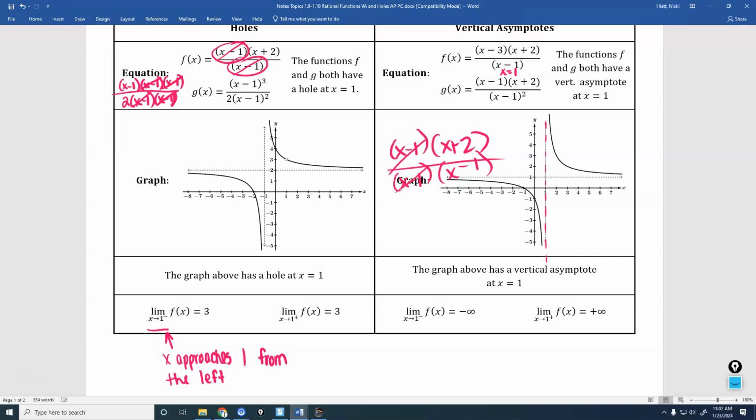Okay, so if you see a plus or a minus sign behind a number, that is telling you it's either from the left or from the right. And so over here where we've got that 1 with the positive behind it, it is telling us x approaches 1 from the right.